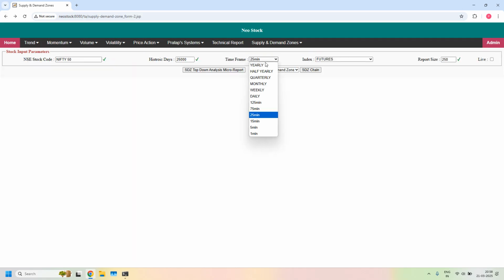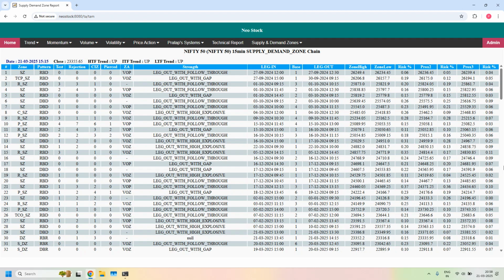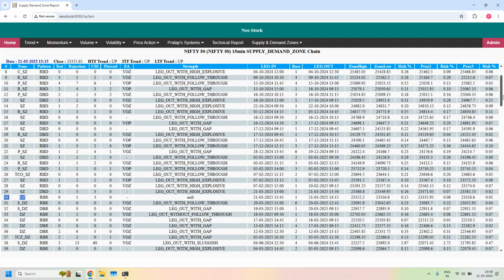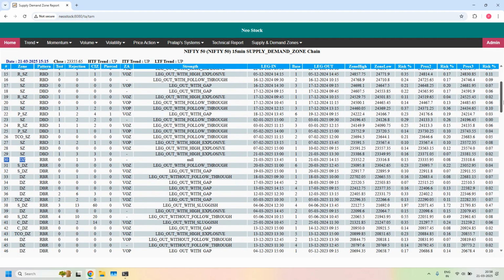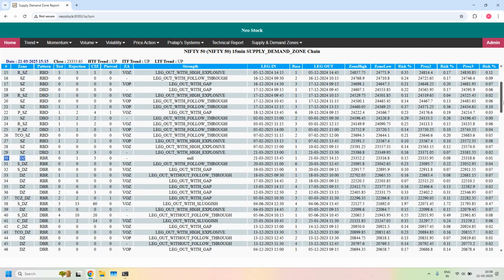Next, 15-minute supply demand zone chain for Nifty. Serial number 30 is the nearest demand zone to the current closing price. So let me put it in the center so that we get equal number of demand and supply zones. Okay.